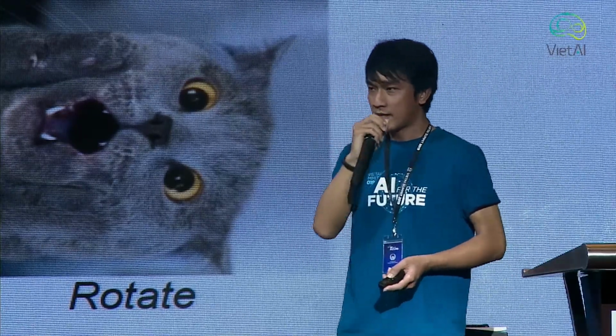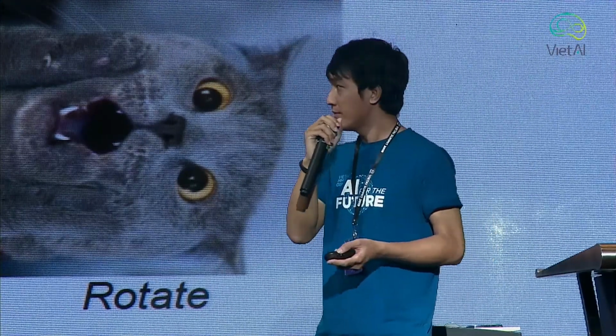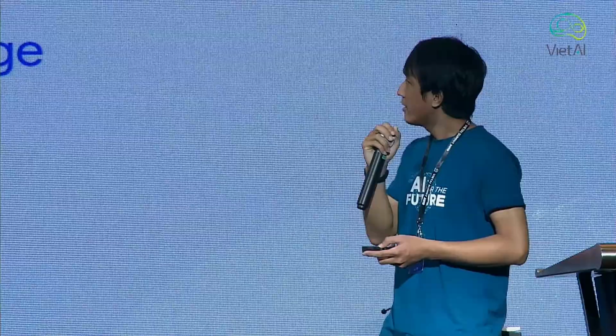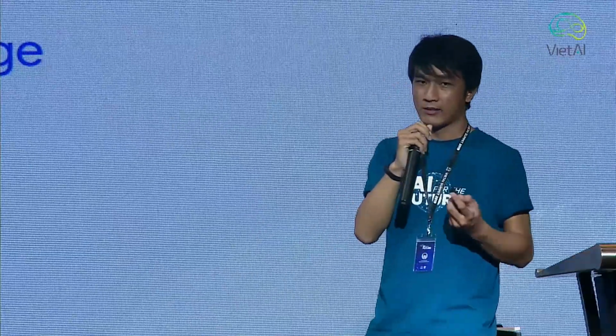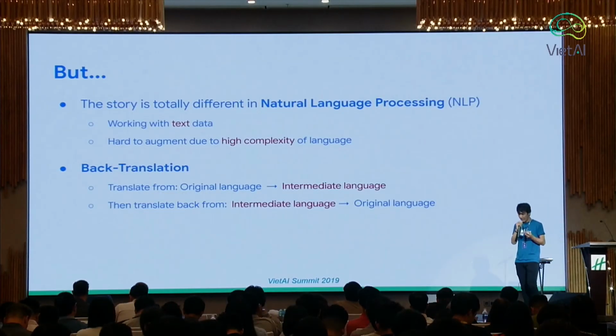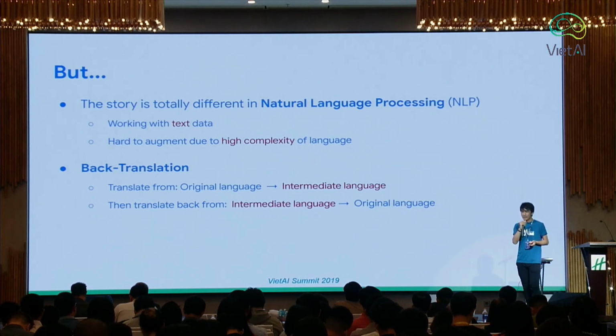And as you can see, data augmentation in computer vision is very popular, very successfully used in terms of improving model performances. But in natural language processing, the story is totally different, because we are working on text, and it's hard to augment text due to high complexity in language.